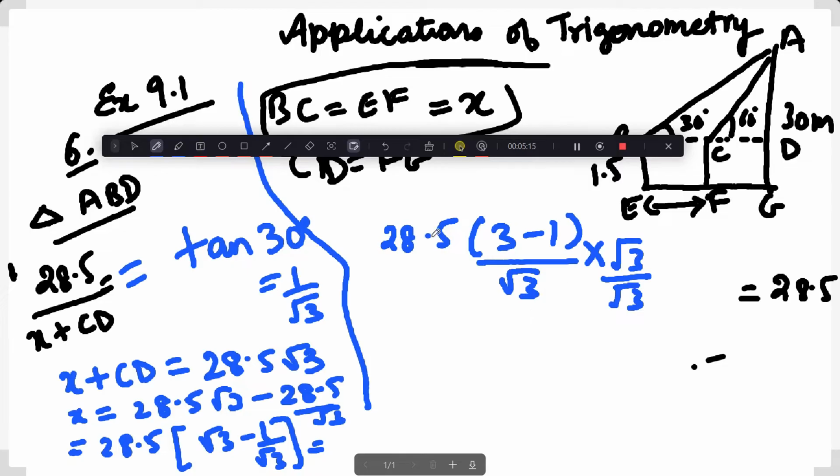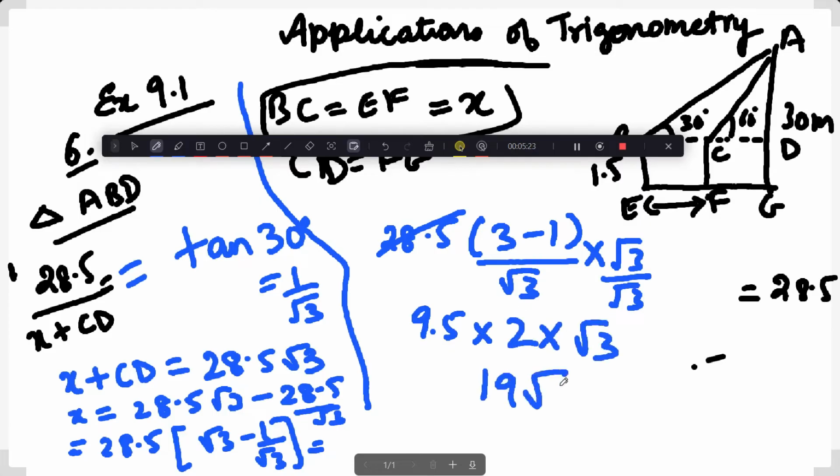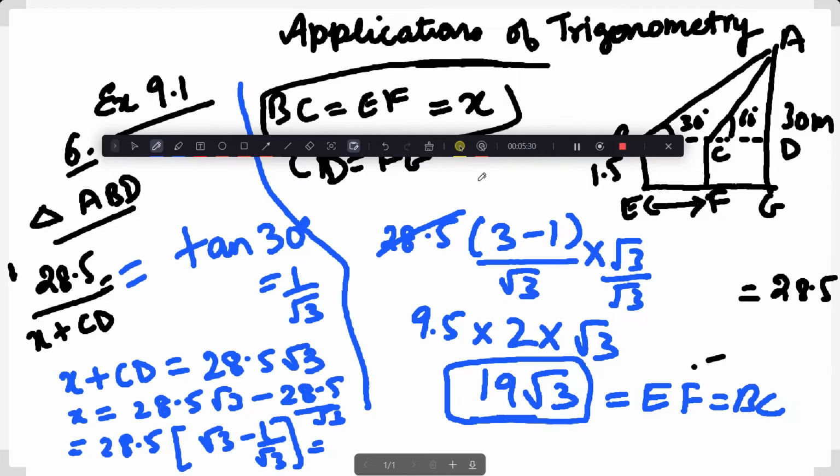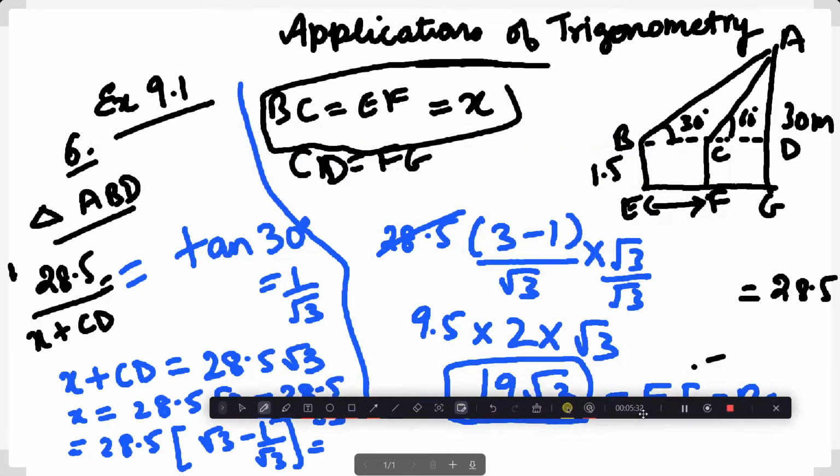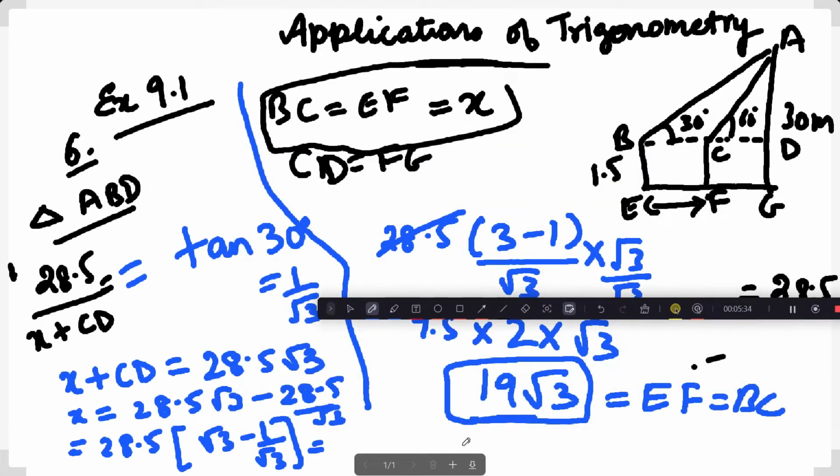So this is 3. 3 and 28.5 are divisible, right? 9.5. And this is 2 and this is root 3. So what is this? 19 root 3. So this is the distance he traveled. EF, BC, whatever, right? Understood?